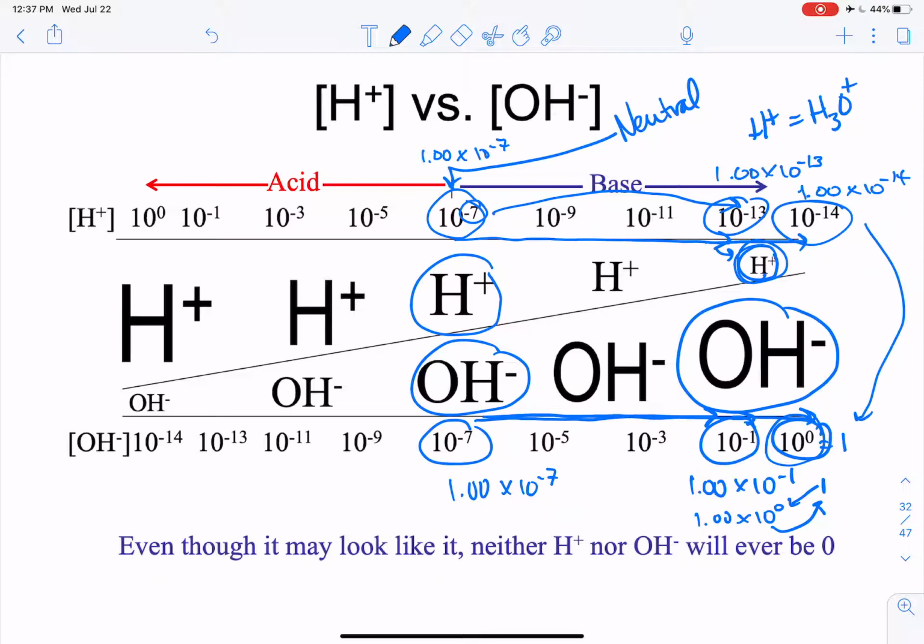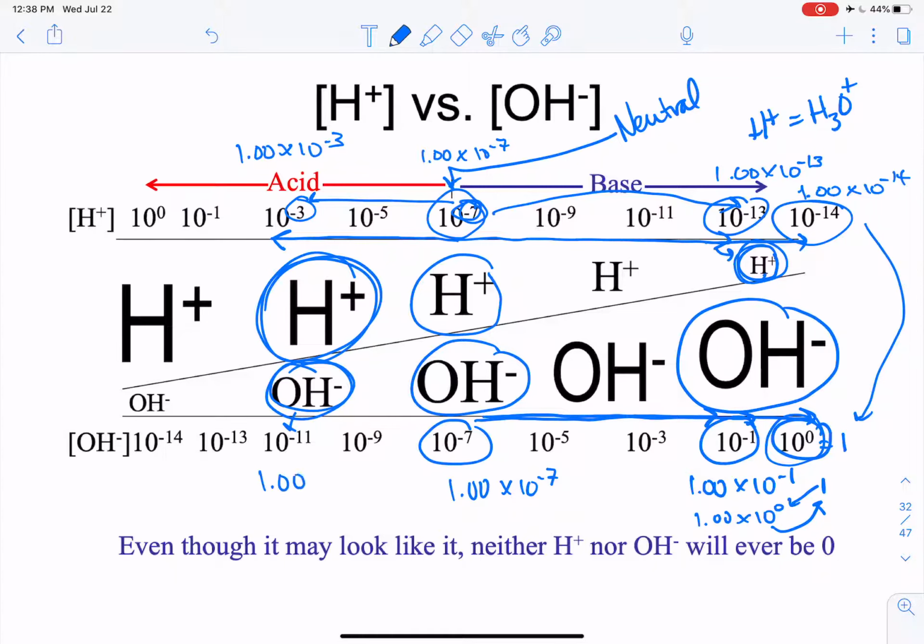And look this direction. So if we're increasing the concentration of our hydronium, so we're increasing our H+, so we're getting more acidic, we would be decreasing the concentration of hydroxide. And if we go from negative 7 to negative 3, that's actually an increase. So we've got 1.0 times 10 to the negative 3 here. And down here, we've got 1.0 times 10 to the negative 11. And this is all in molarity, so it's moles per liter.